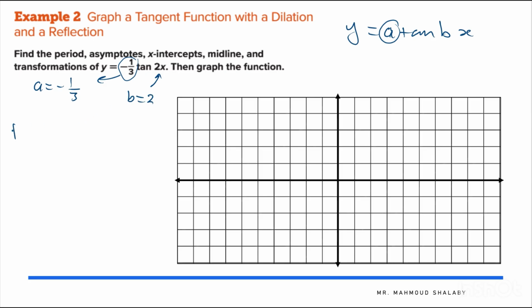So to find the period of our function, I will divide the original period, which is 180 degrees, by 2, which means the answer will be 90 degrees. So this is the period of the new graph. To find the first asymptote, we will divide this 90 by 2, so I will count by 45 degrees.